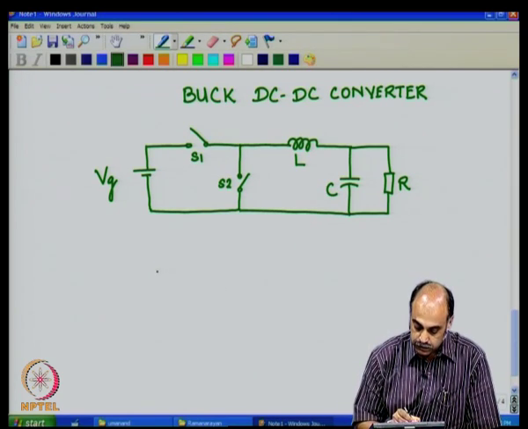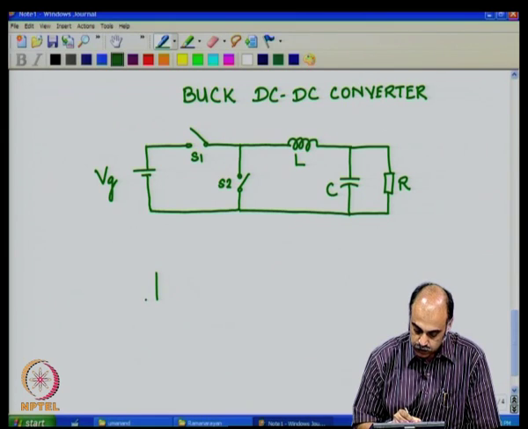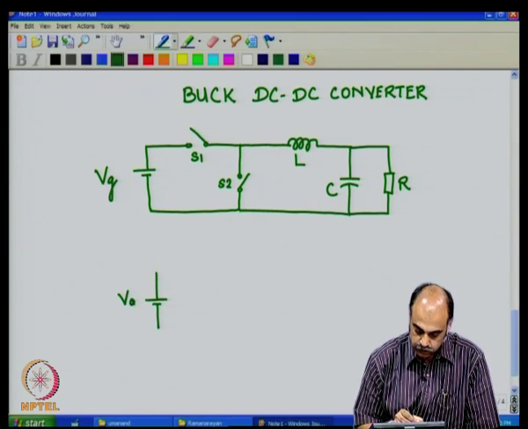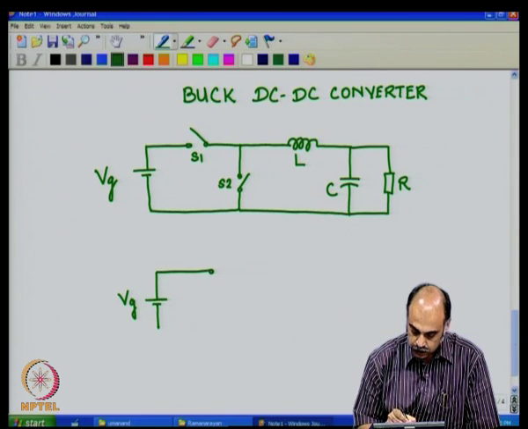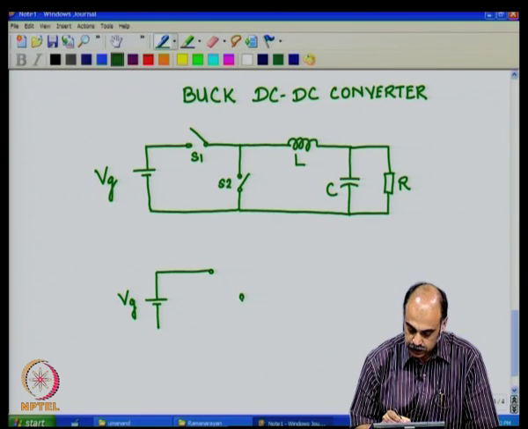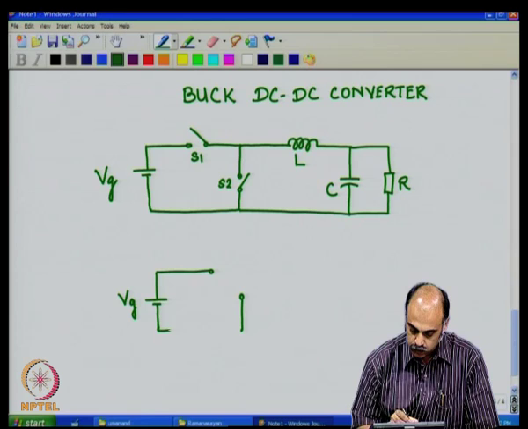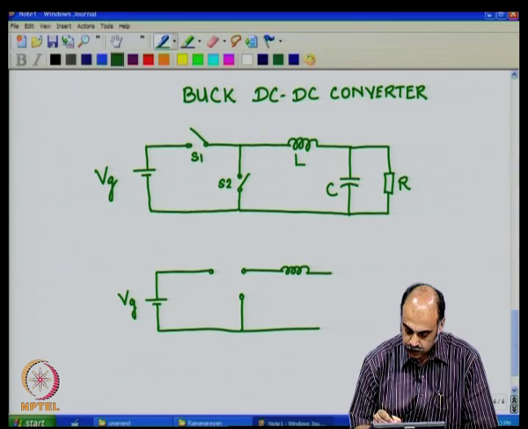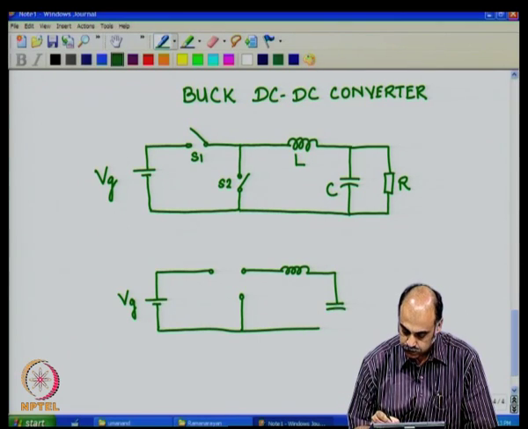Notice that earlier you probably may be familiar with this form, that is, you have two throws in the case of a single pole double throw switch like this.